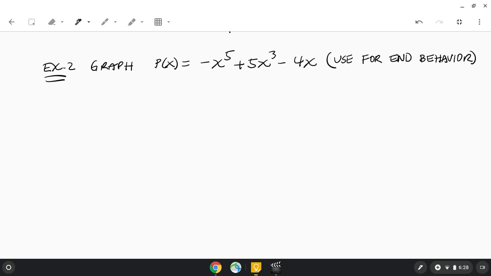We need completely factored form for the x-intercepts. So I'm going to factor this. I'm going to start with factoring out a negative x because they all have negative x in common.